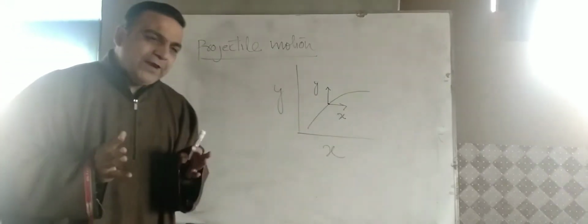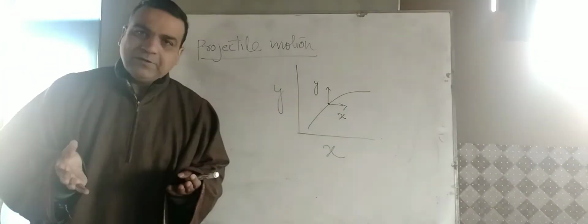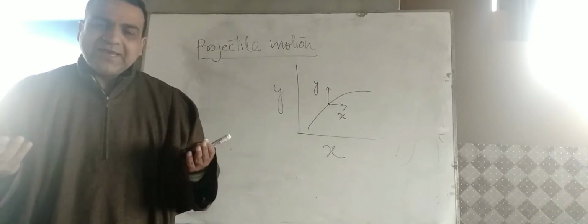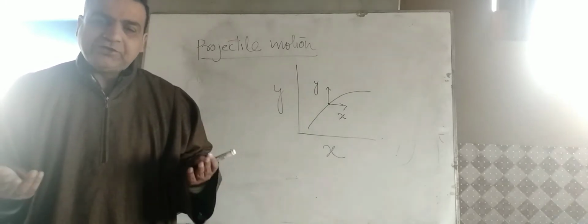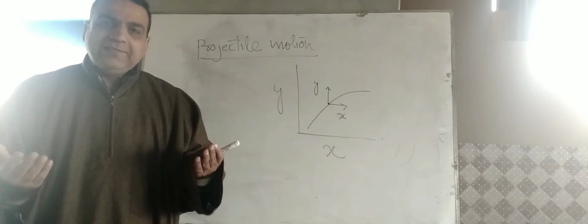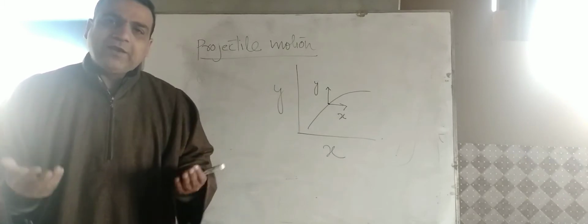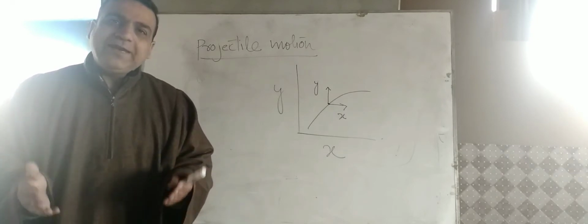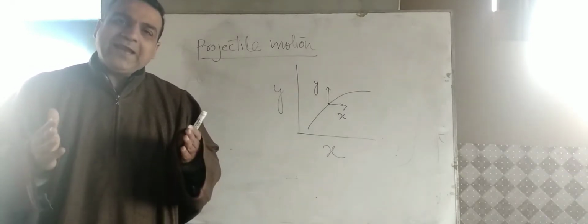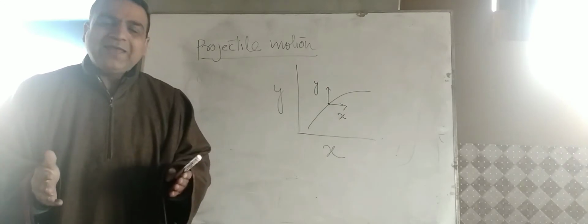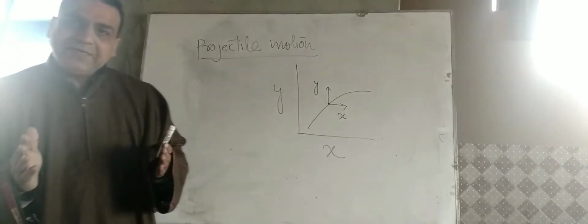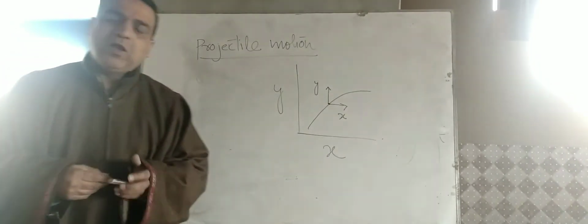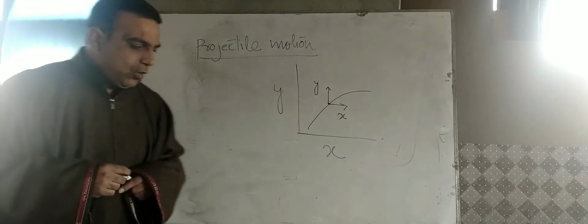That means if we have to discuss a problem in which both the dimensions x as well as y change, then we are directly talking about a two-dimensional motion. And we can understand this motion by independently discussing the motion along x and the motion along y.